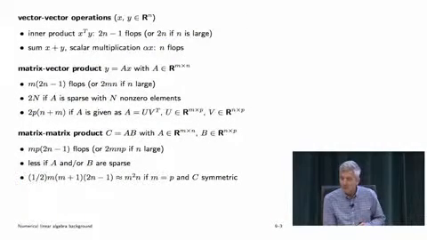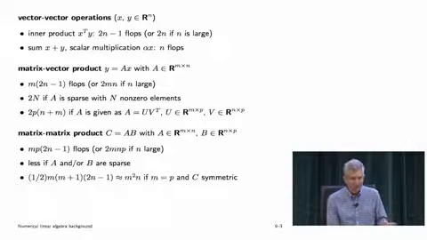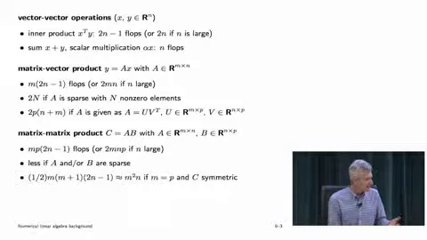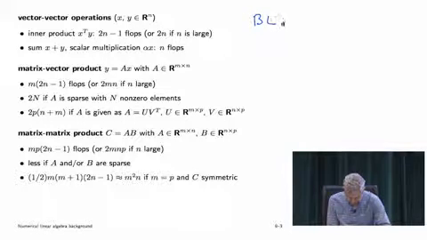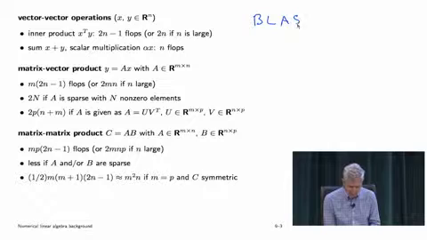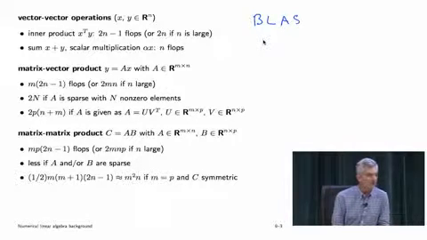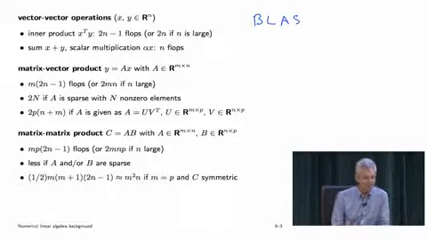Okay, so let's look at some operations. This is a conceptual division into vector, matrix, and matrix-matrix product. I should say this is something you should probably all know about; there's no reason not to. There's something called BLAS, which traces to the 60s and 70s. It stands for Basic Linear Algebra Subroutines. Believe it or not, the standards of these are written in Fortran, and still are. That gives you a rough idea.